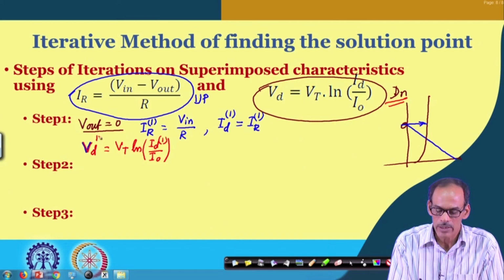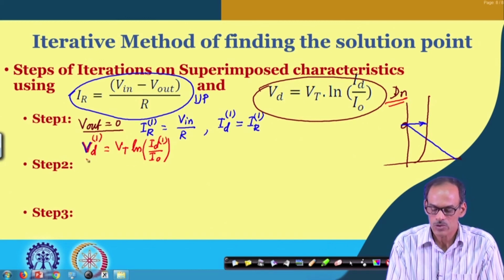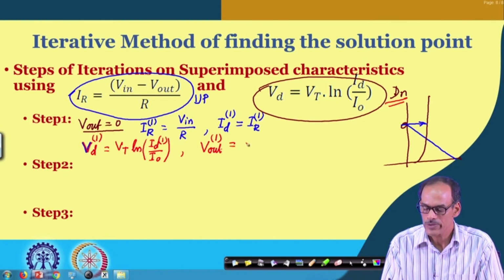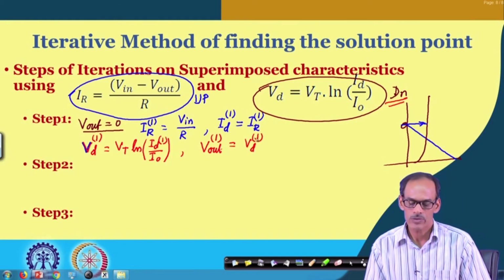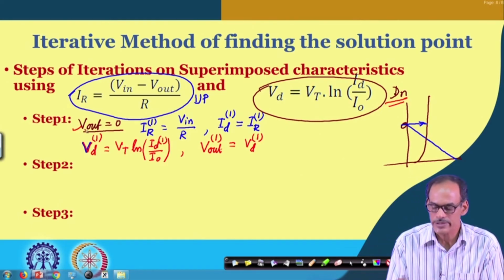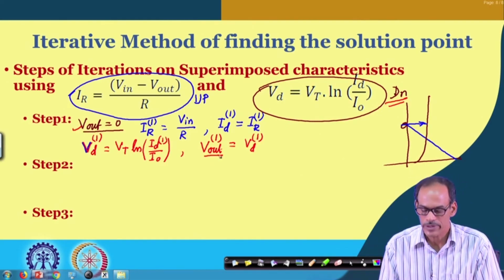So, this is again the end of the first iteration. So, we call it V d 1, and that gives us the new V out, called updated V out, which is equal to V d 1, because we know that V d 1 and V out 1 are essentially the same. So, we started with this initial guess, and we are landing on some updated value.